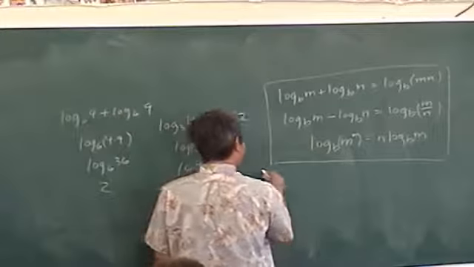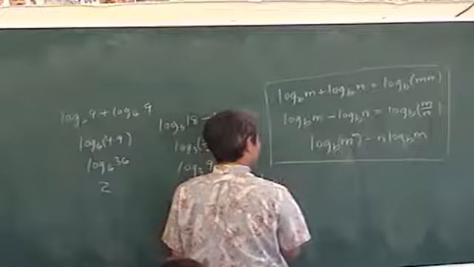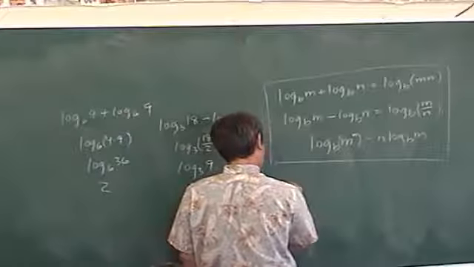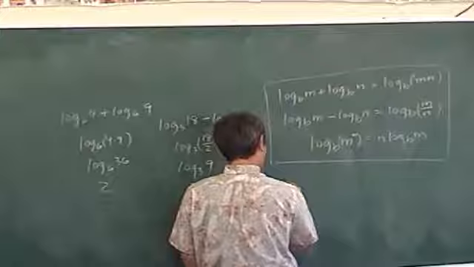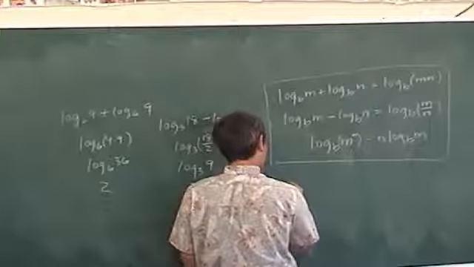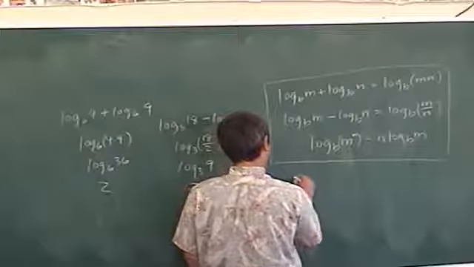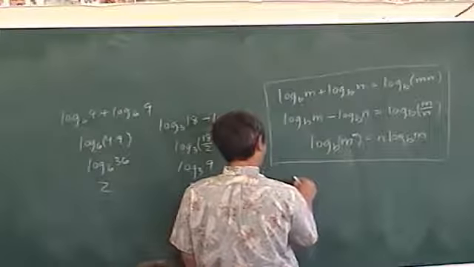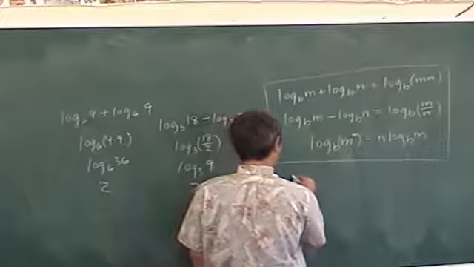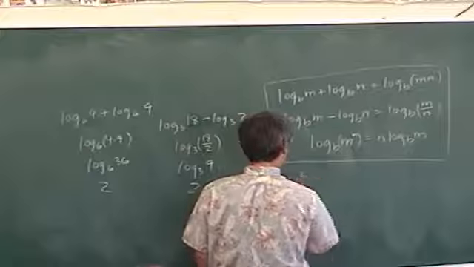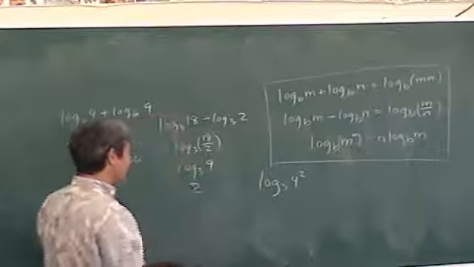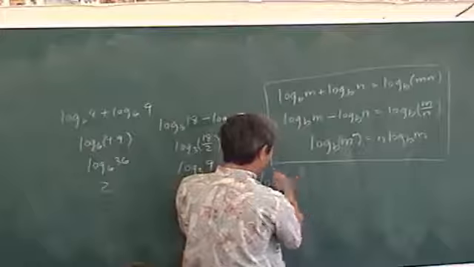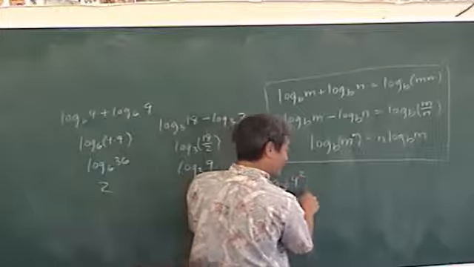What about log base 3 of 4 to the 2nd power? This is not really simplifying it, but whenever you have a power, now notice that it's not the whole thing squared, it's just that part that is squared.